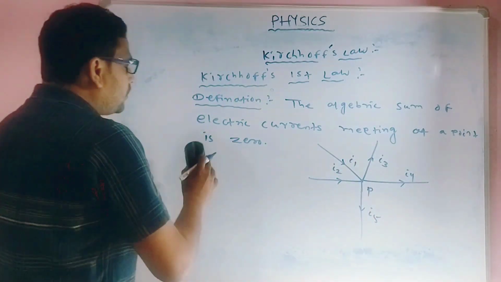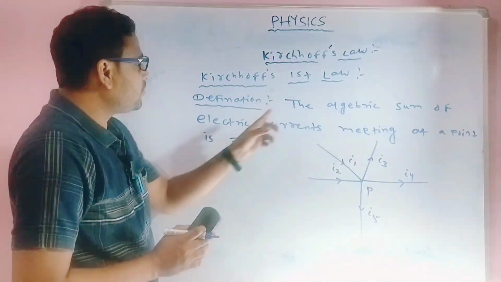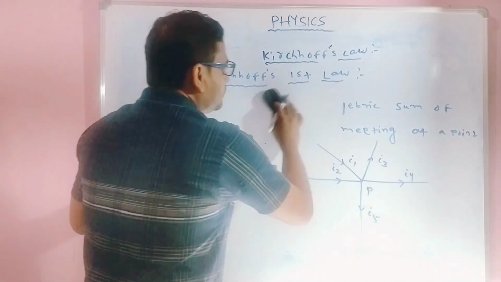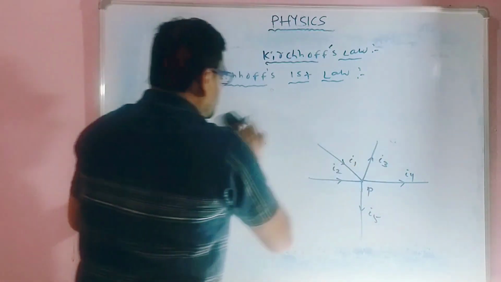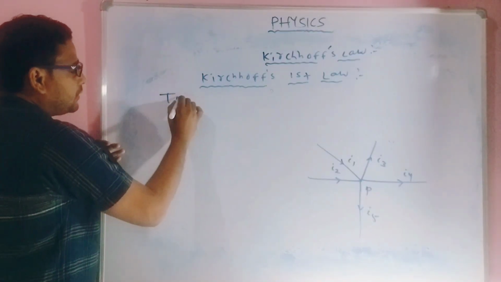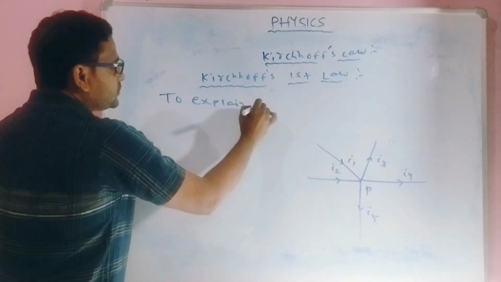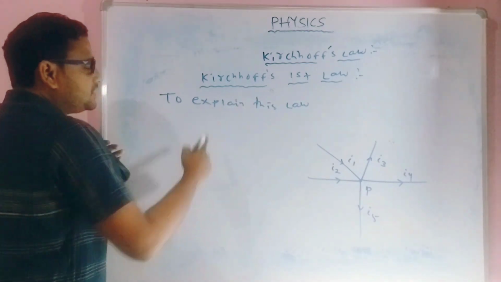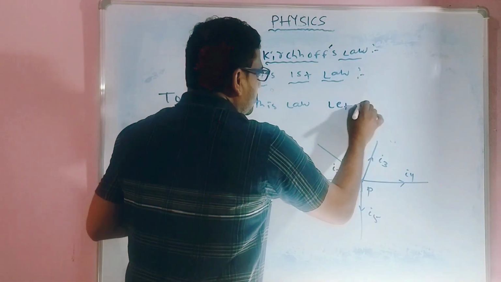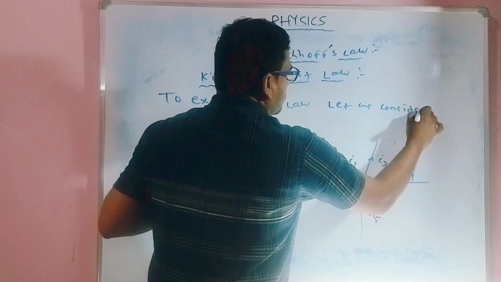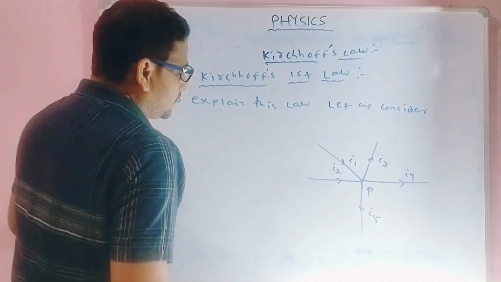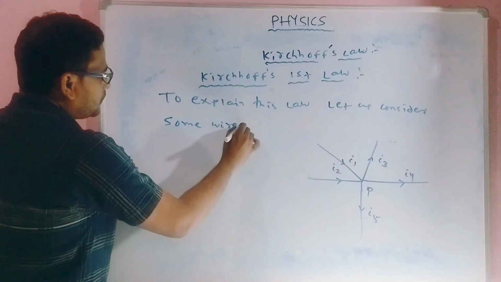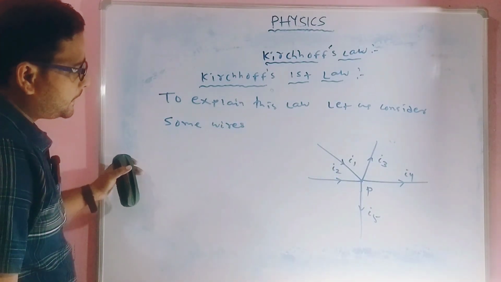Okay students, now what is the theory? The definition is: the algebraic sum of electric currents meeting at a point is zero. Now the theory.